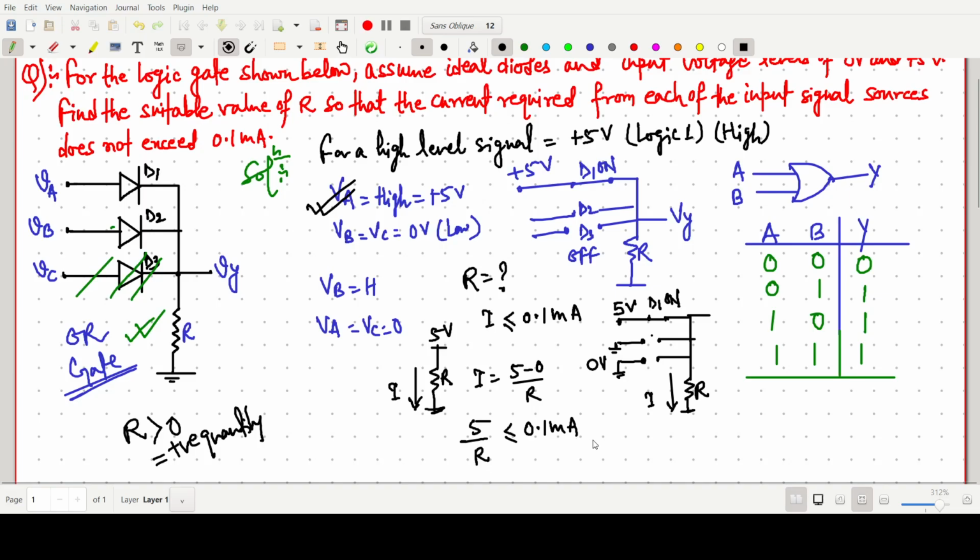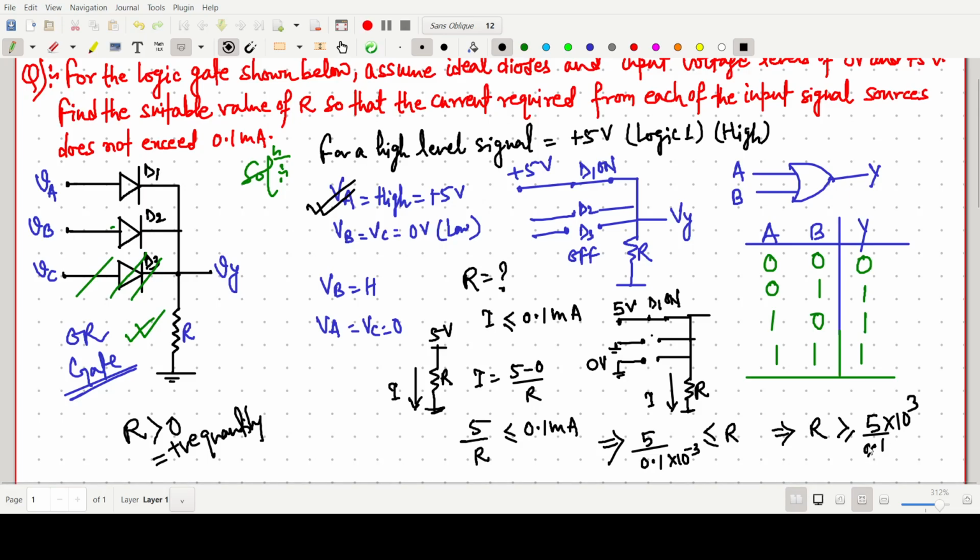So what we can do here, we can write 5 over R less than or equal to 0.1 milli, that is 10 to the power minus 3. Simply R is greater than or equal to 5 by 0.1 into 10 to the power 3.